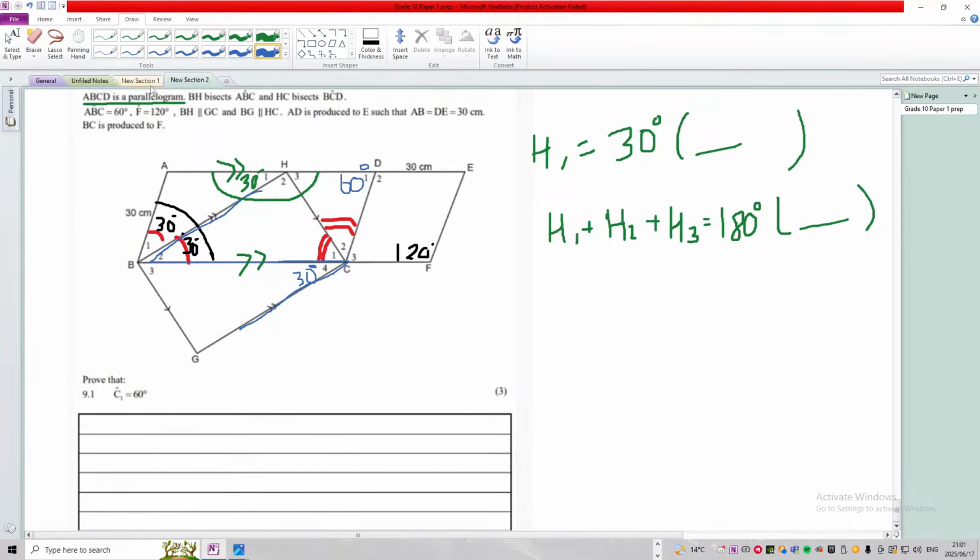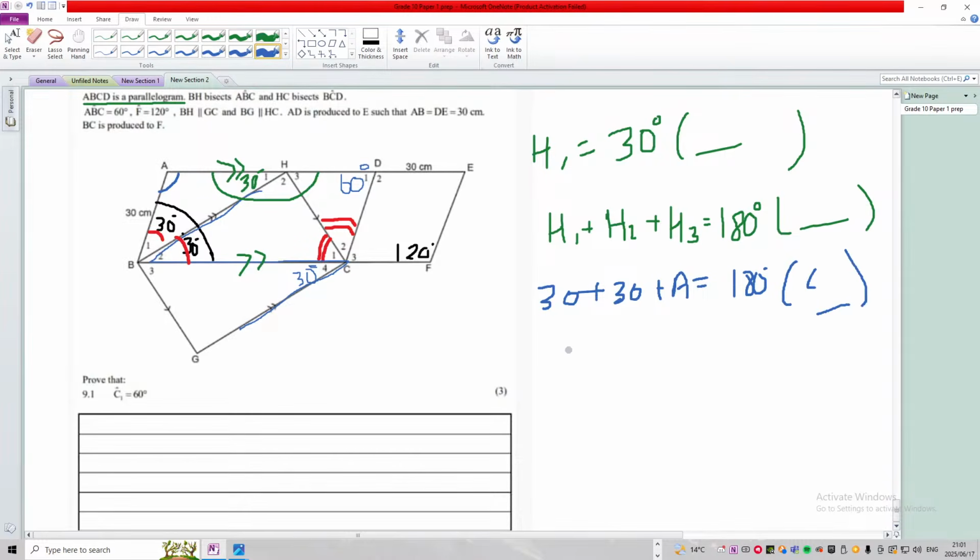Okay, so for this one, since we have this triangle over here, do you see that triangle there? I can find A because 30 plus 30 plus A is equal to 180 degrees, angles in a triangle.